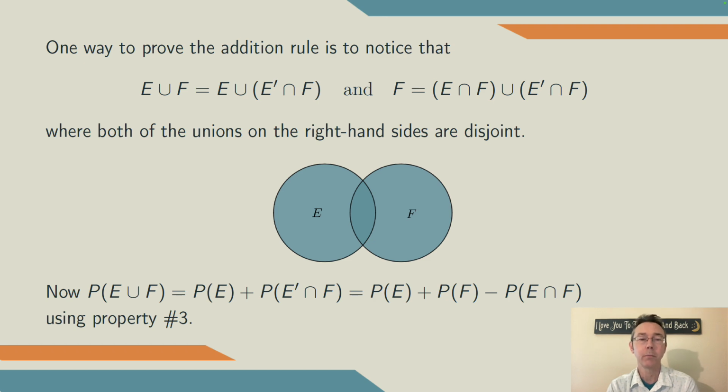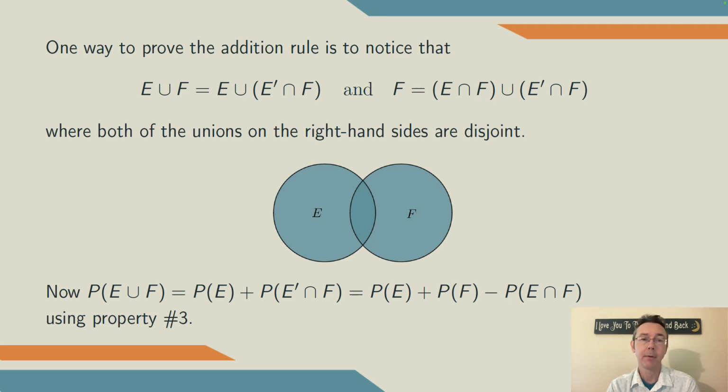And I'm going to do this by breaking up the set F into the part that's in E and the part that's not. And so that's the set equality that you see in the upper right of this slide. F equals E intersect F union E complement intersect F. Once again, that union is disjoint. E intersect F and E complement intersect F do not overlap.